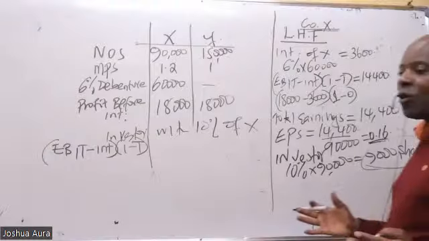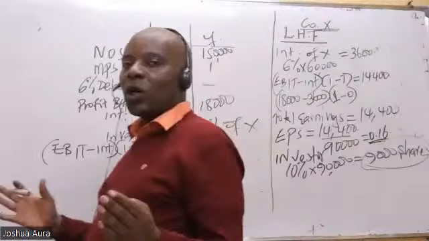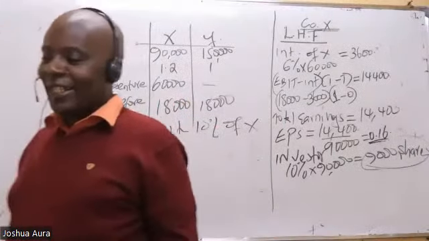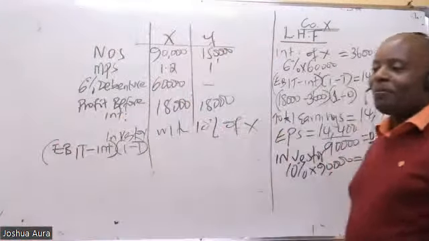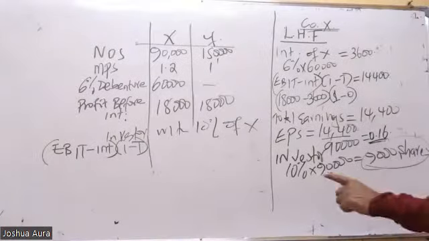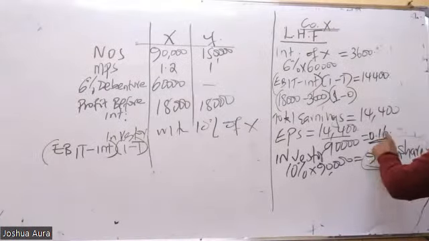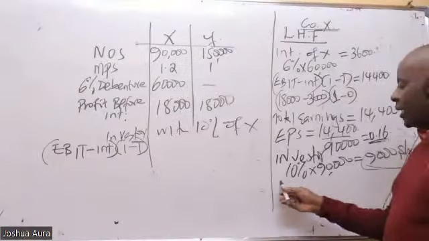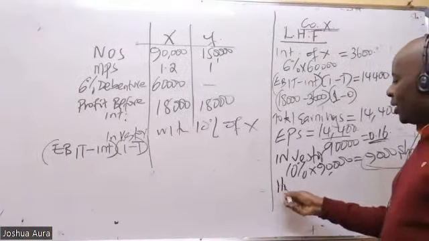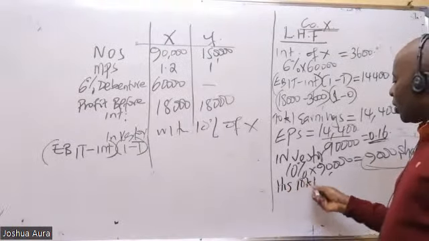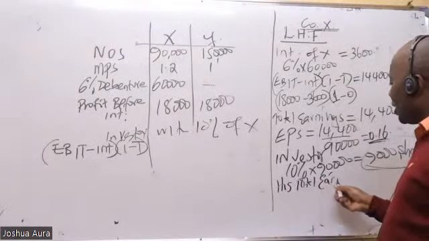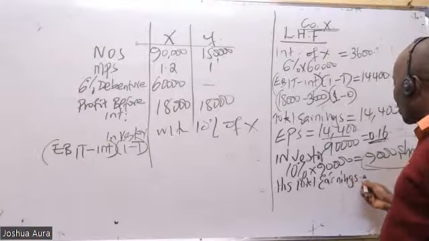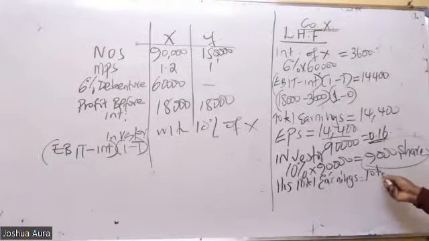And therefore, this gentleman will take home how much as dividends? He has 9,000 shares and each share is earning 0.16. His dividends, the way things are, will be how much here, somebody? His total earnings, which is the same as total dividends.